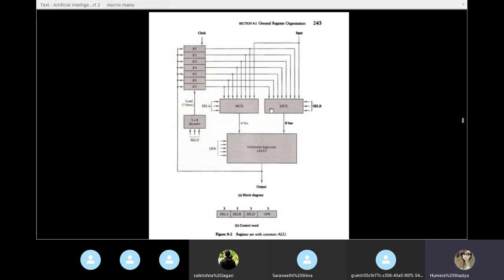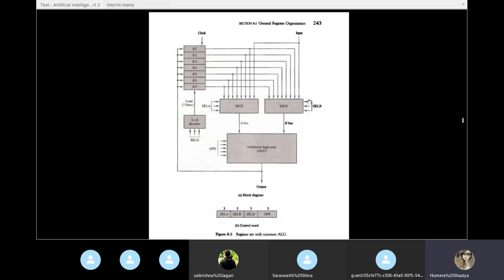This multiplexer has selection lines A, and this is an 8 by 1 multiplexer. 1 2 3 4 5 6 7 8, total 8 inputs we have to this multiplexer, and there is one output coming out of this multiplexer, and there are 3 selection input lines which are named as selection A for this multiplexer.